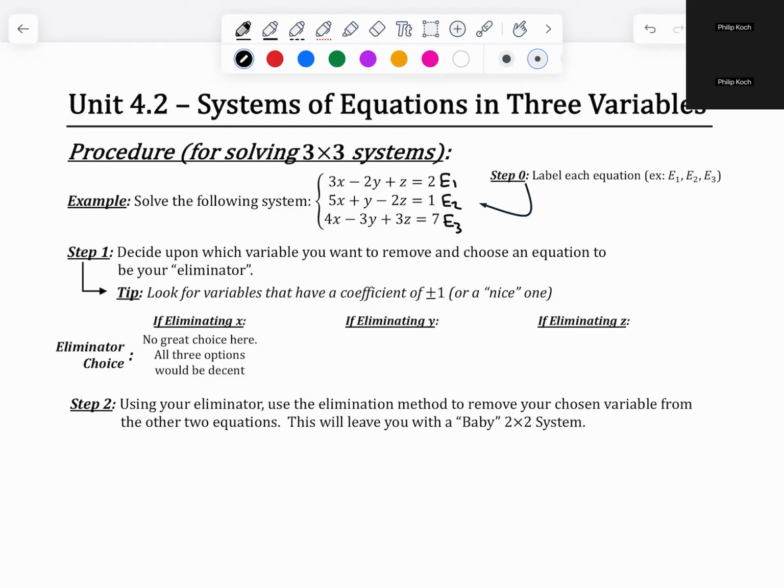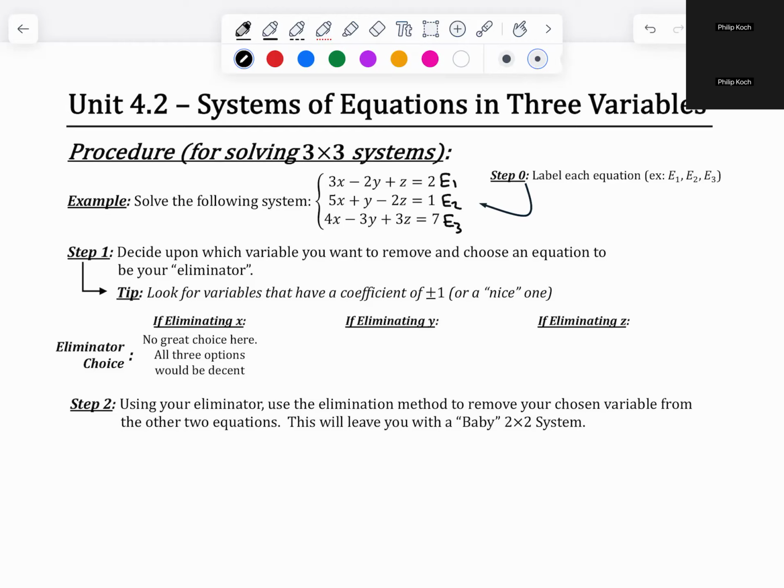What's good, but also kind of bad with regards to 3x3 systems is that it's more open-ended. You can decide which variable you want to eliminate. You want to decide which variable you want to eliminate from the beginning and choose an equation to be your eliminator if you're doing my method.